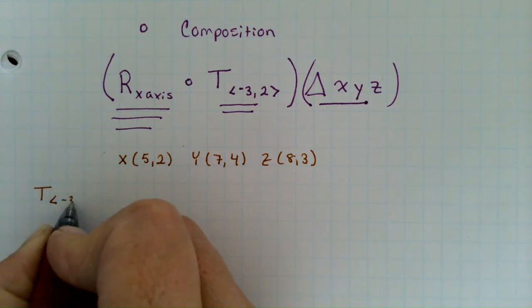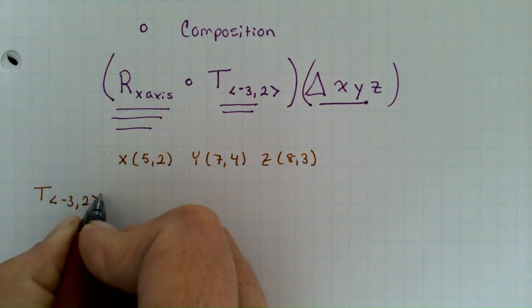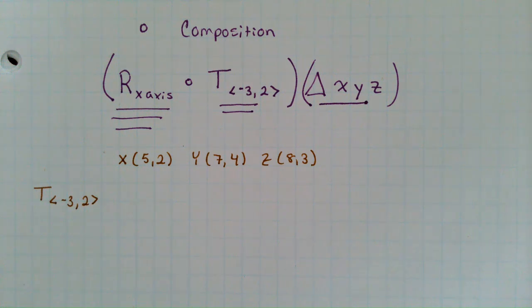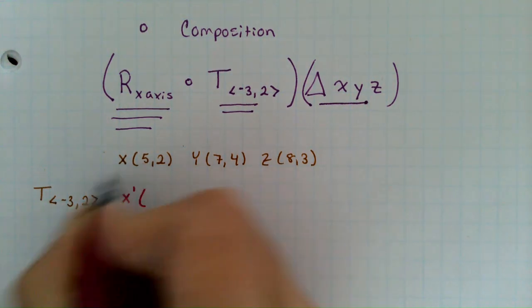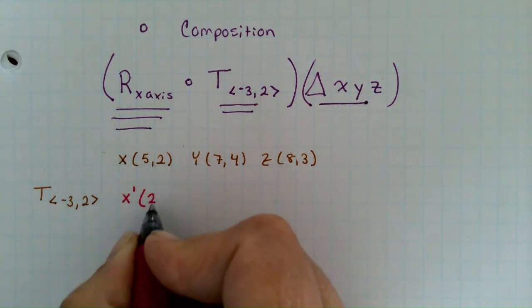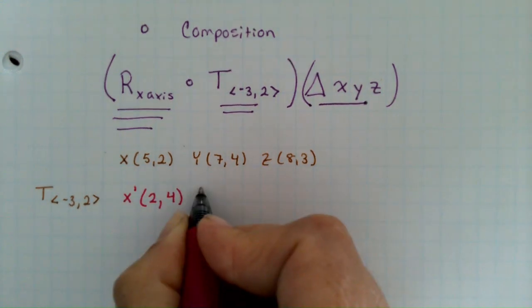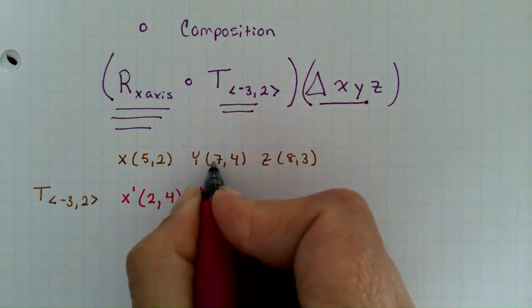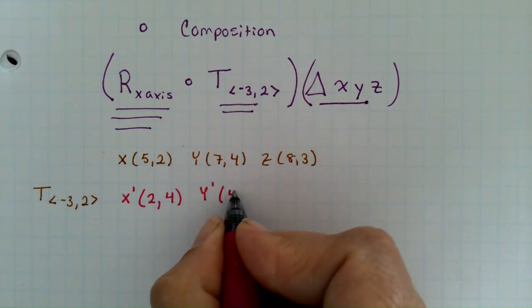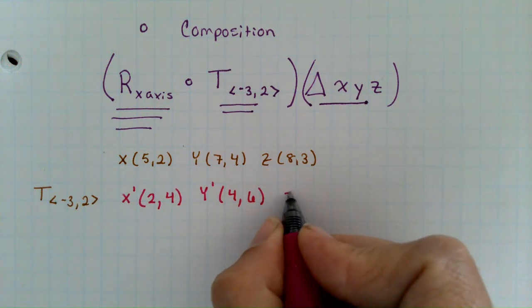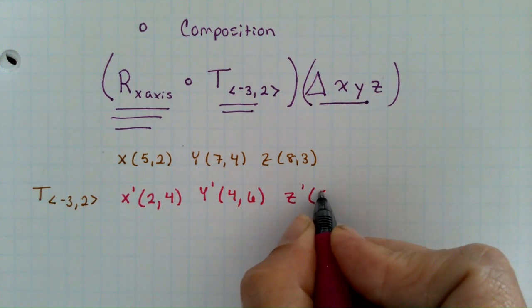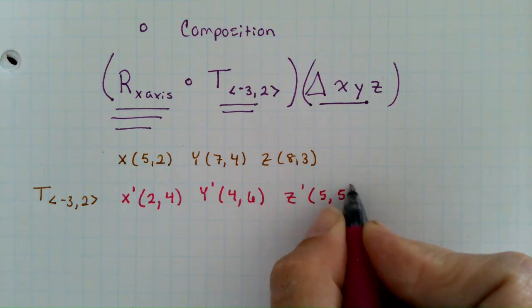So remember, left 3, up 2. So left 3, 5 minus 3 is 2. 2 plus 2 is 4. For our Y, we got to go left 3. So left 3 from 7 is 4. Up 2 from 4 is 6. And for our Z, left 3 would put us at 5. Up 2 would also put us at 5.